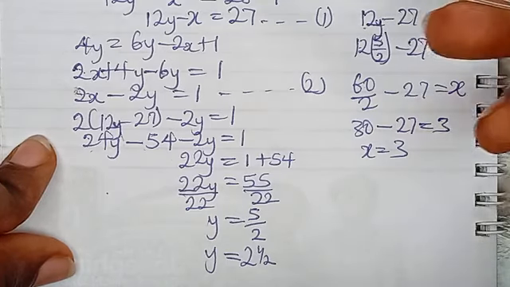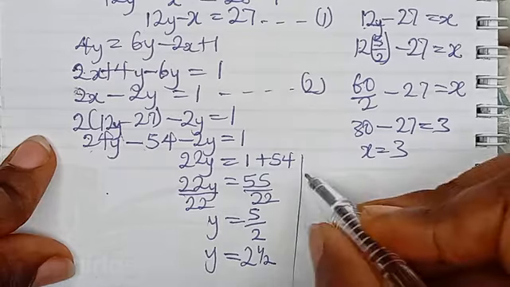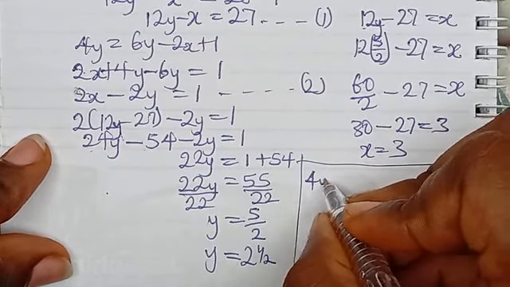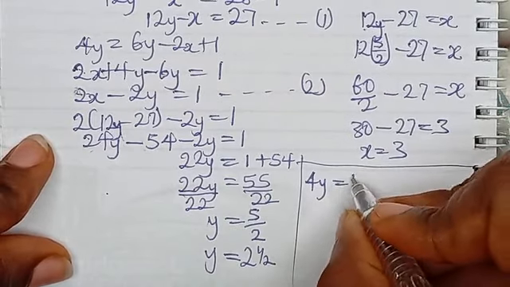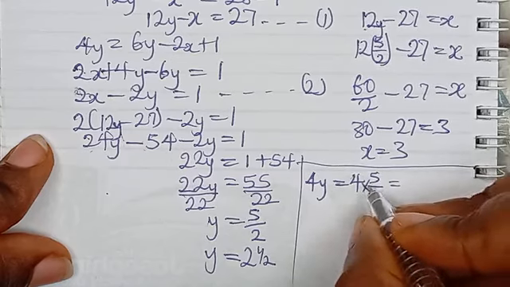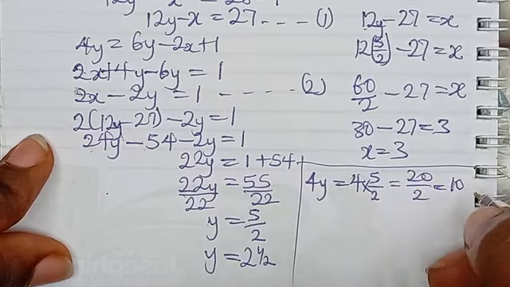Now, we've been asked to find the length of all the sides of the triangle. Now, let me do that here for want of space. We have that one side is 4y, which is equal to 4 times 5 over 2, which is 4 times 5, 20 over 2. That side is 10.